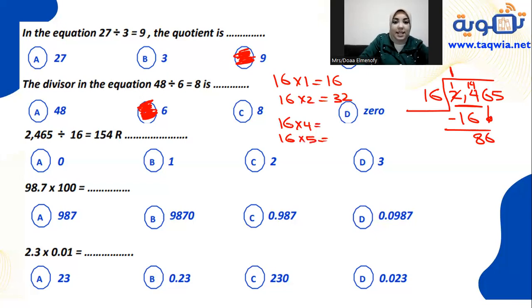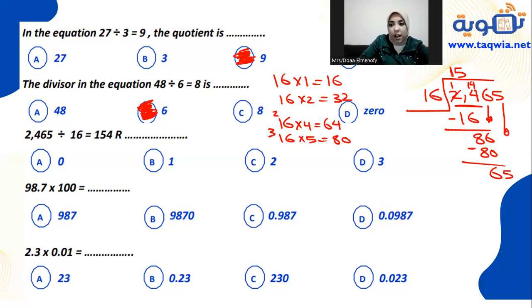We have to make it. 6 by 4 equals 24, and carry up 2, and 1 by 4 equals 4 plus 2 equals 6, and here 6 by 5 equals 30, 0 and carry up 3, 1 by 5 equals 5 plus 3 equals 8, so here it's 80. So here we're going to write 80, and up I'm going to write 5 and subtract. So 6 minus 0 equals 6, and 8 minus 8 equals 0, and we have to bring down 5.